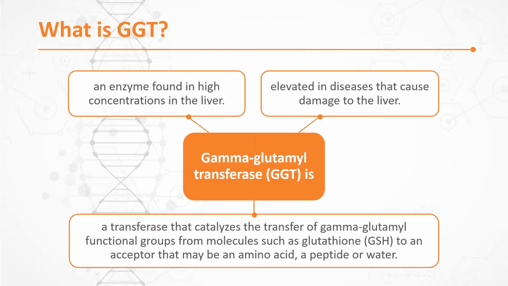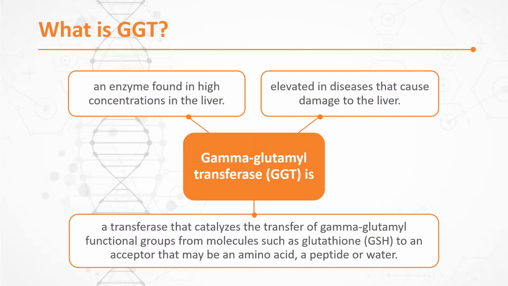Gamma-glutamyl transferase is an enzyme found in really high concentration in the liver. And every time you get liver damage, you see GGT going up. GGT catalyzes the transfer of gamma-glutamyl functional groups from molecules, such as glutathione. Glutathione is your reactive oxygen species vacuum pump.